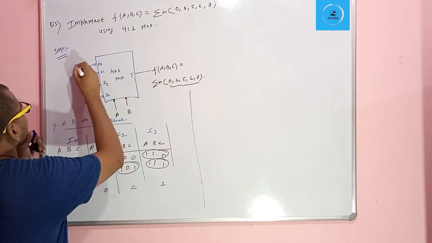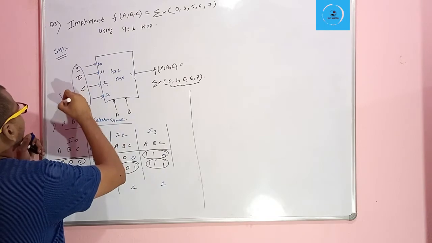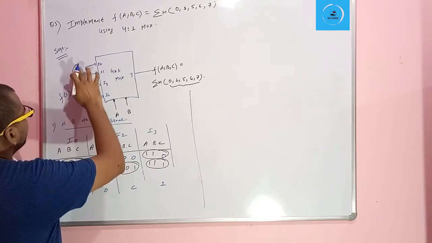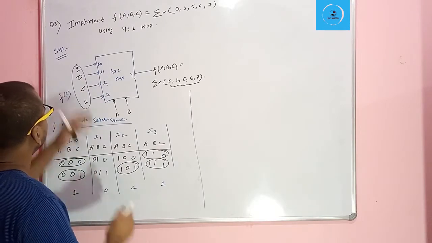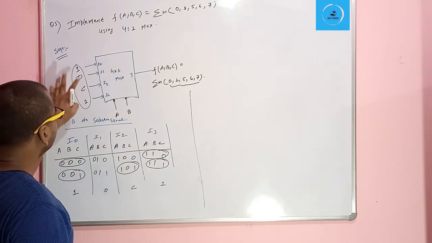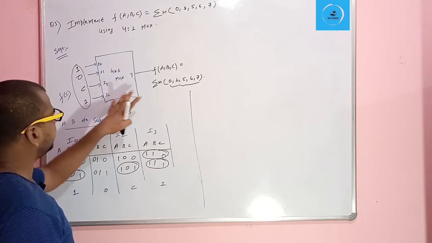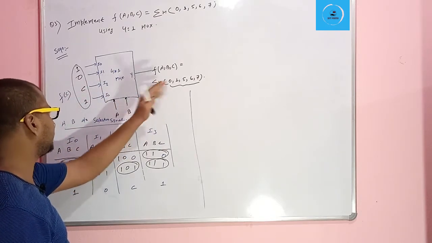Here in the input we have to provide a function of C. 1 is the universal function. 1 is a function of C, 0, C and 1. These are the functions of C, and by using this we are going to get the output.